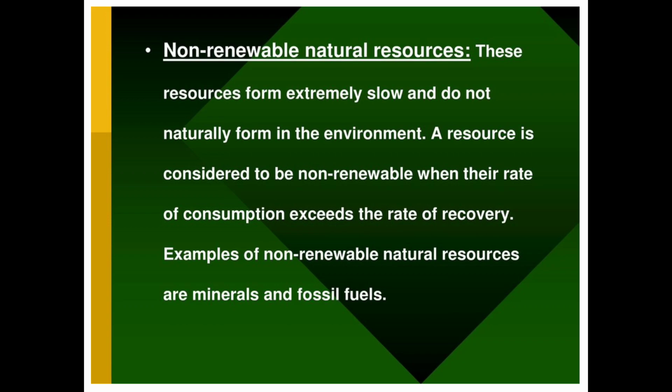Next, non-renewable natural resources. The name itself indicates non-renewable, meaning these are not formed naturally from the environment. A resource is considered to be non-renewable when the rate of consumption exceeds the rate of recovery. Like fossil fuels, it takes millions and millions of years to form, but the consumption nowadays of petroleum, diesel has increased.